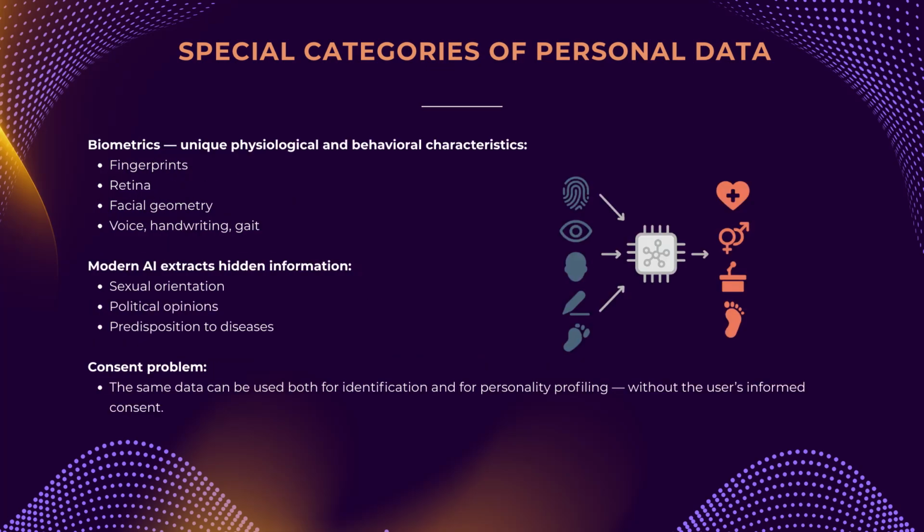Biometric data deserve special attention, unique physiological or behavioral characteristics of a person, fingerprints, retina, facial geometry, voice, handwriting, gait. With the development of AI, biometrics have ceased to be just a method of identification. Modern algorithms can extract from biometric data information that a person never intended to disclose.